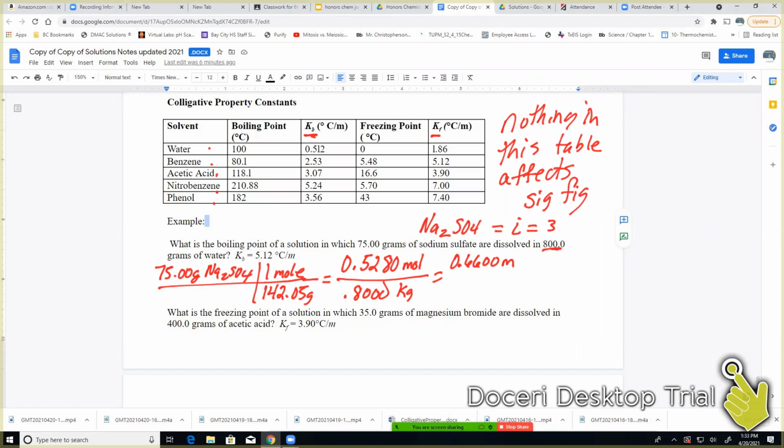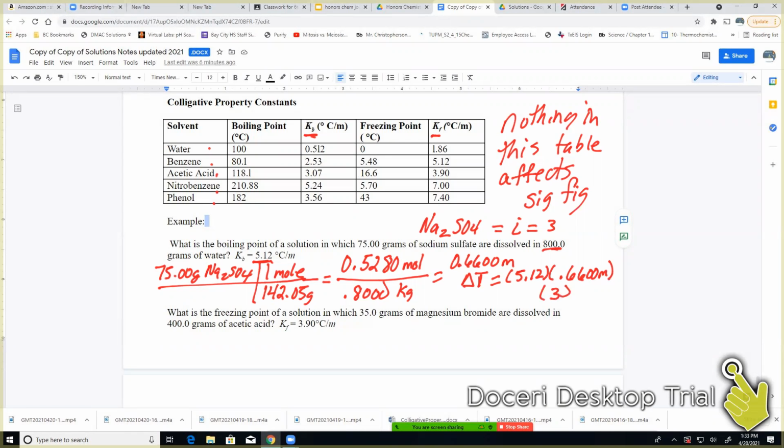All right, now I have everything that I need to figure out my delta T, my change in temperature. So I would take my KB, which is in the table and also is right there, so 5.12, times my molality, which is what I calculated there. And then I have to put my i underneath because I kind of ran out of room.